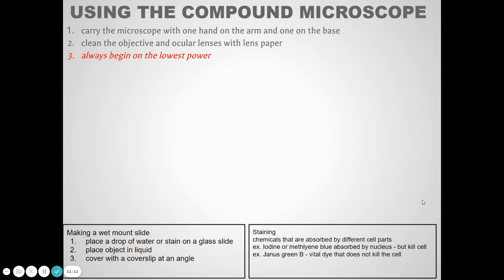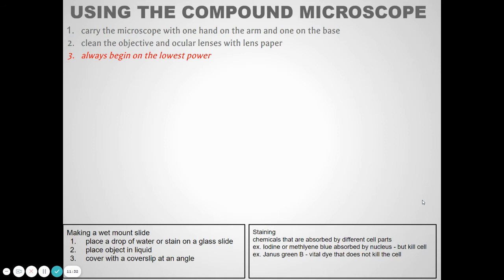They are really expensive, so you don't want to drop them or break them. So if you have to move them from place to place, just carry it with two hands and be careful. If the eyepiece is dirty, you use special paper called lens paper to clean it. I have some of that if we need it.